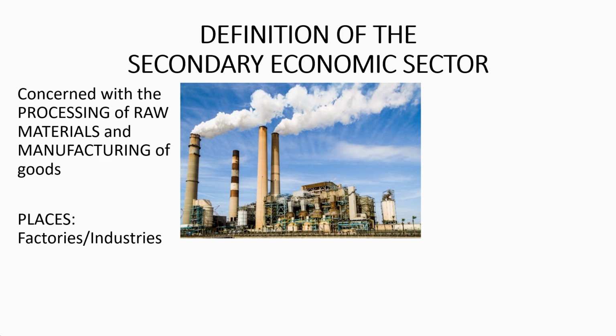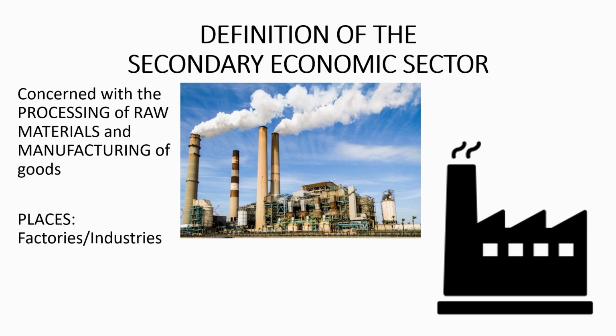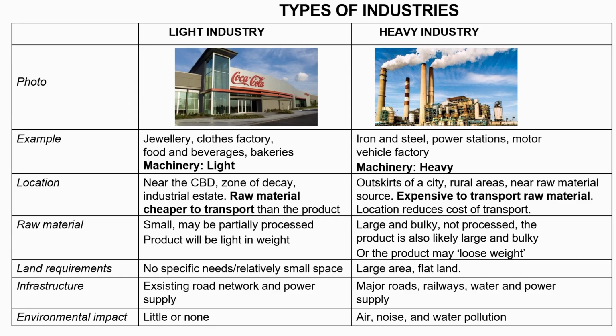So that is the work we are going to be looking at, where the raw material is processed in the factories, and we get the final product at the end of the day. I want to introduce this image to you. Wherever and whenever you see that image in your question paper, you must know that we are referring to factories, okay? That image is universally accepted as referring to factories. Please note that, it's very important.